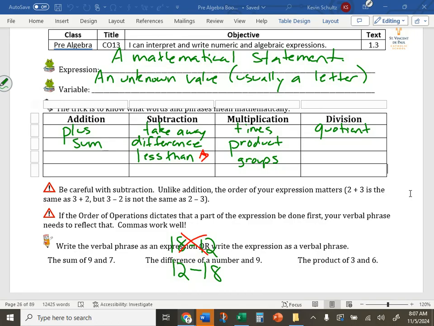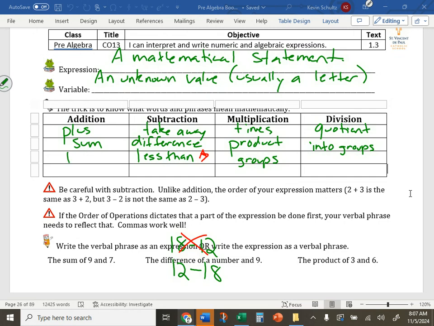Sometimes your teacher tells you to divide yourself into groups. If there are 24 kids in the class and you're put into groups of 2, 24 divided by 2, there'll be 12 groups in all. So that word groups can be a little bit tricky. Multiplication is just groups by itself. Division would be into groups.